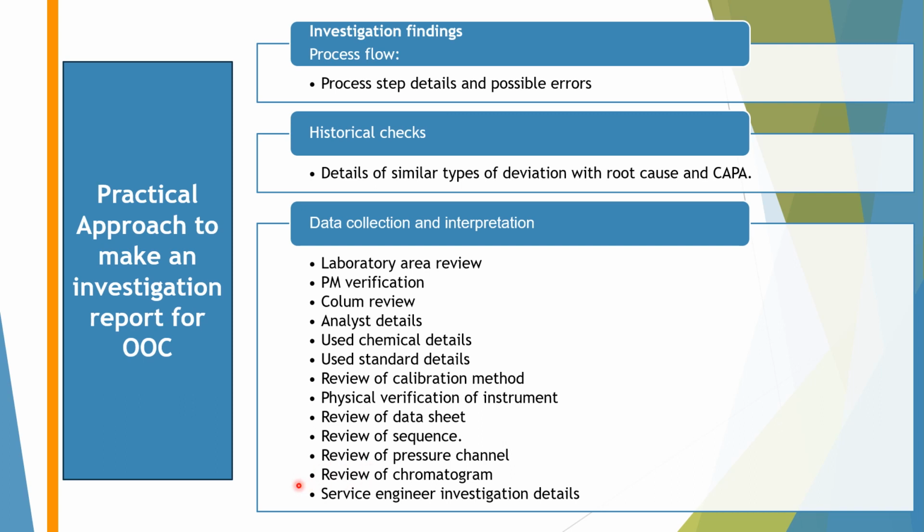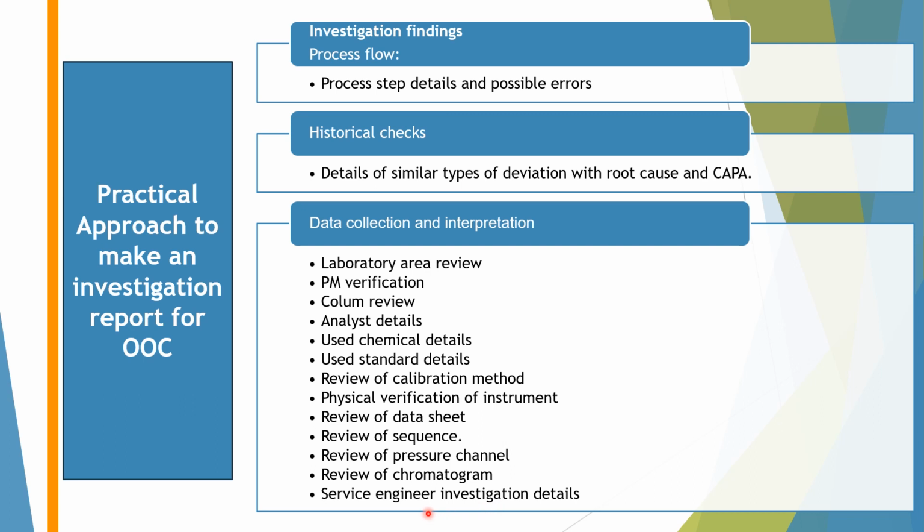So such things you can check in the chromatogram, right? Next is service engineer investigation details. If you have not identified any assignable or probable cause with this preliminary investigation, then you can approach your instrument service engineer to provide some technical input, right? So in such a way you can investigate.